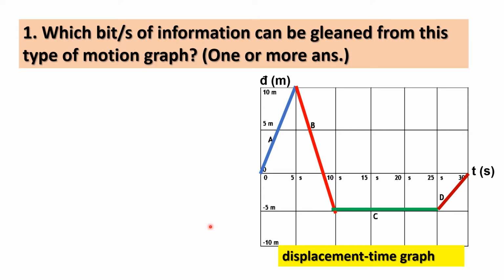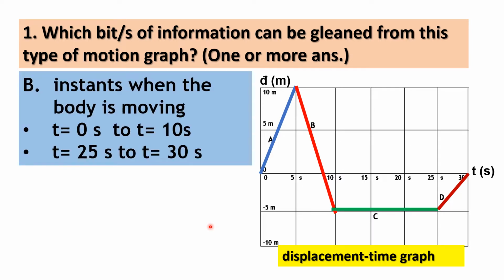The second information that we can glean from a displacement time graph is the instance when we say that the body is moving. So, in the graph, there are four segments: segment A, segment B, segment C, and segment D. You will notice that only segment C shows a perfectly horizontal graph line, right?